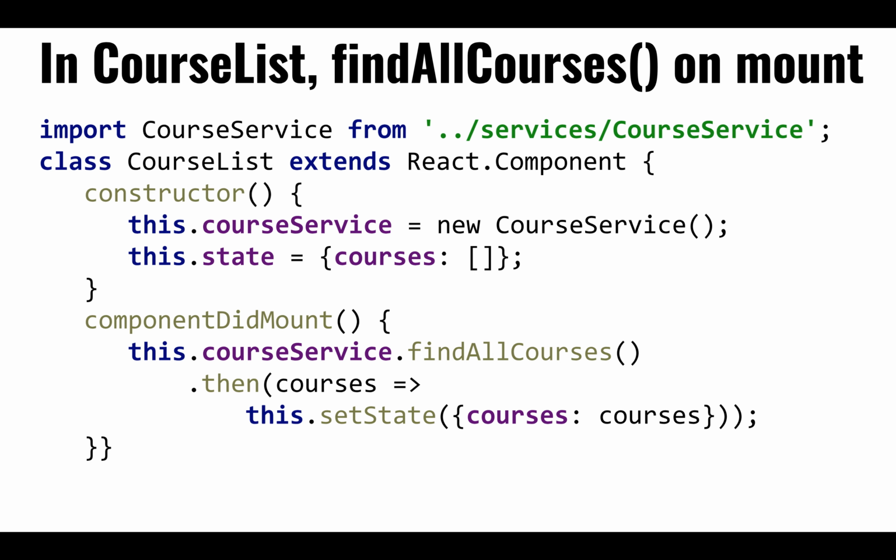We're saying .then, notify me when it comes back. And what comes back is whatever I parse from the JSON body, and that's the courses object, which I then use to set the state to courses: courses. See that?